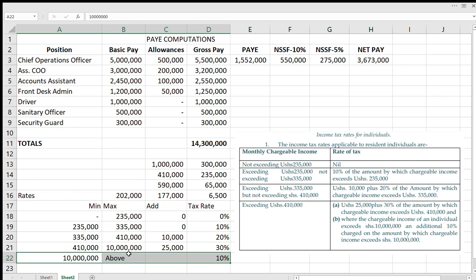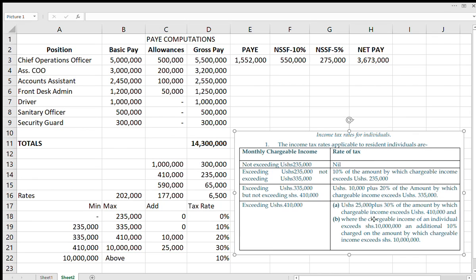So that amount he has gone above 410,000 is already known. If it is 15 million, he has gone above 410,000 shillings. So that's the difference between 10 million and 410,000 shillings.